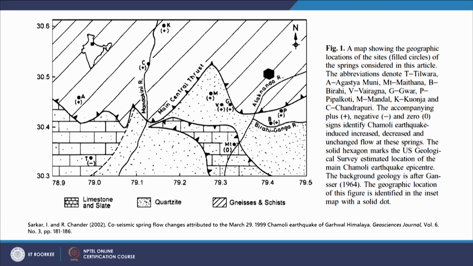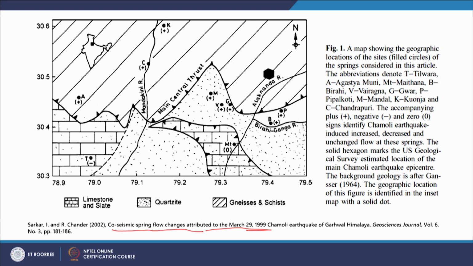Now, this is about the co-seismic spring flow changes attributed to the March 29, 1999 Chamoli earthquake. So, this is the point which I was trying to emphasize, that even an earthquake event can disturb the spring discharge and location of springs as well.